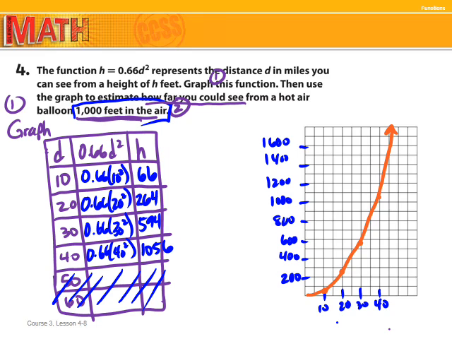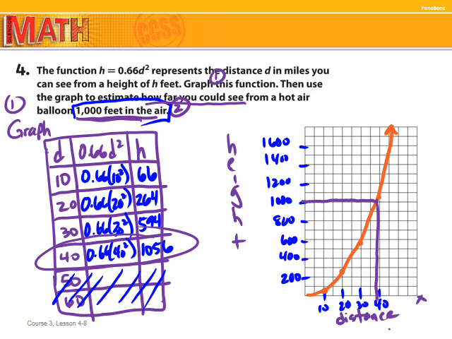One thing I forgot to write down also, my labels. In this case, distance is my x, because that's what's changing. That's my input. And height is my y. So 1,000 feet, go across, and as you can tell, it's not quite 40, which we know because 40 would be 1,056.